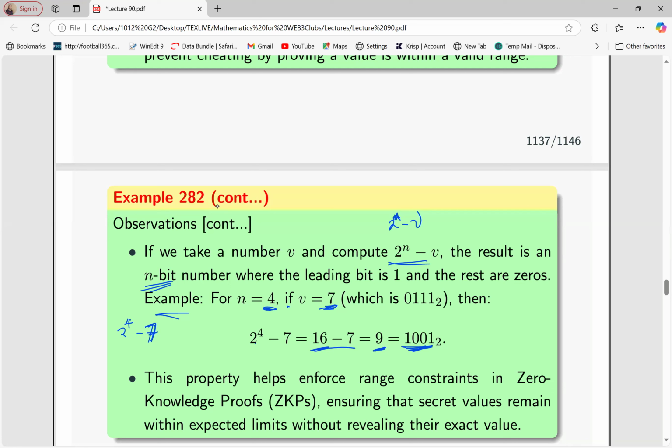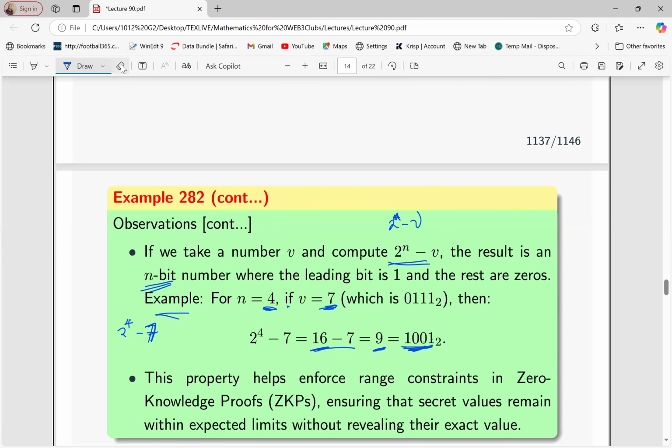How many bits? Just count 1, 2, 3, 4, 4 bits. Then we have given a benefit of doubt because the value has given us is a 4 bit. So we can give this guy benefit of doubt. But supposing the value we would have gotten will not be a 4 bit, then we would say that the V as given to us is not correct.